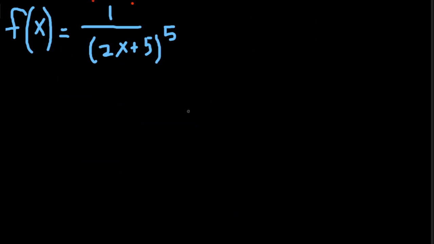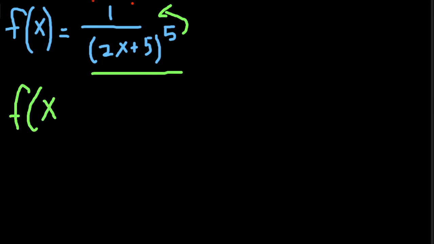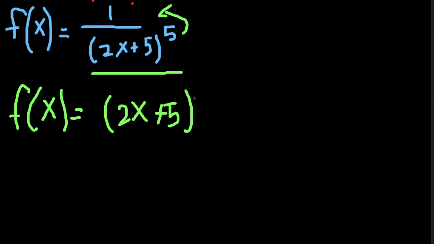Alright, so in my last video, I moved this upwards, and that's the same thing I'm going to do here. So I'll rewrite this function first. f of x is equal to 2x plus 5, and then it will become minus 5, because we moved it from the denominator to the numerator.